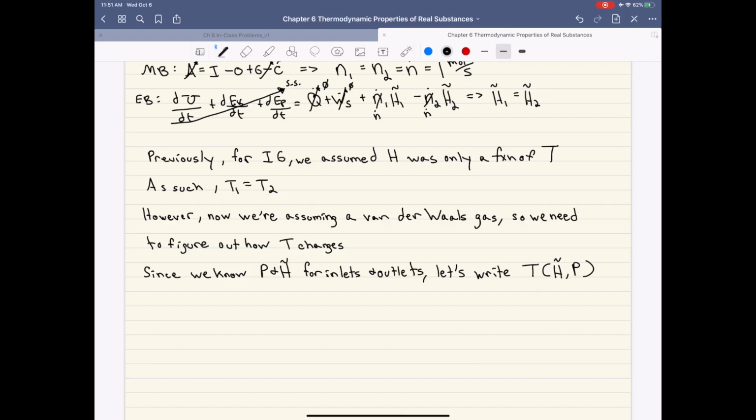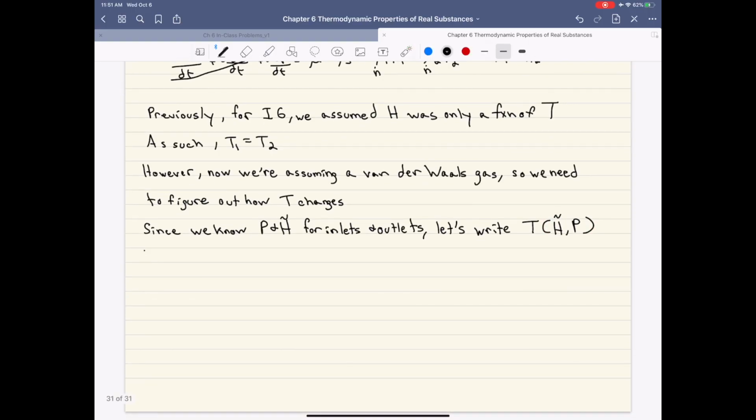Okay? All right, so that's how we need to think of this problem. And so if temperature is going to be a function of enthalpy and pressure, if we took the total derivative of it, it would have this form.